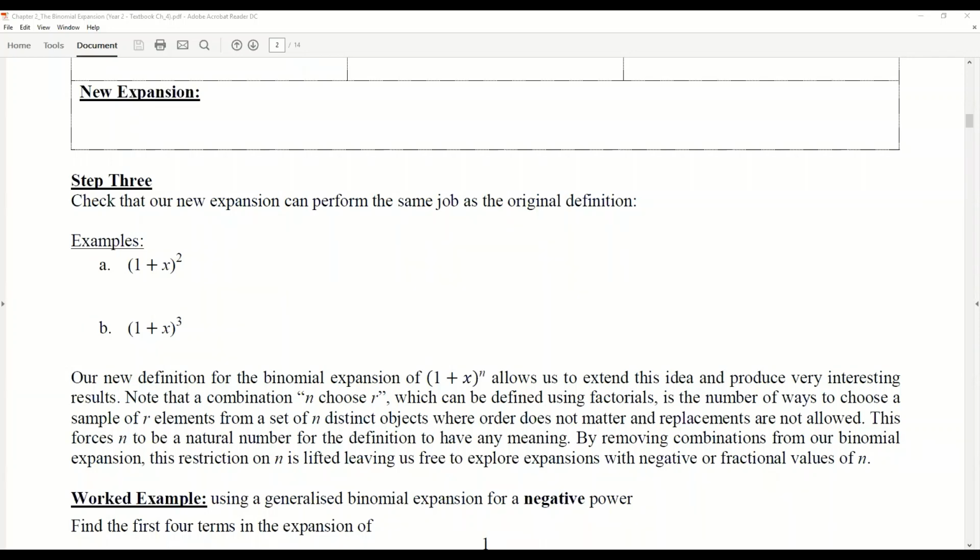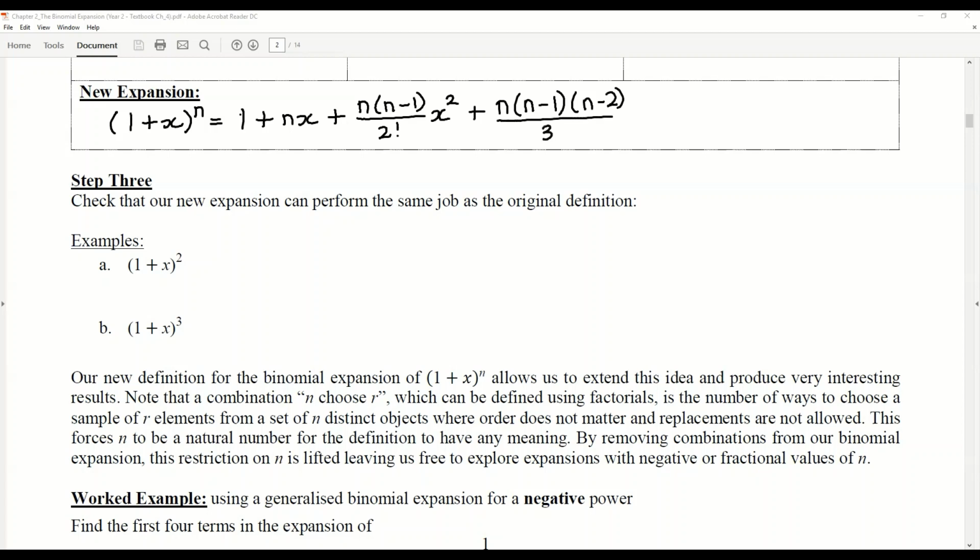So let's add our new definition, or our new expansion. Our new expansion says that 1 plus x to the power n is simply putting everything together that we've just discovered: 1 plus nx plus n multiplied by n subtract 1 over 2 factorial x squared plus n multiplied by n subtract 1, n subtract 2 over 3 factorial x cubed plus more terms.